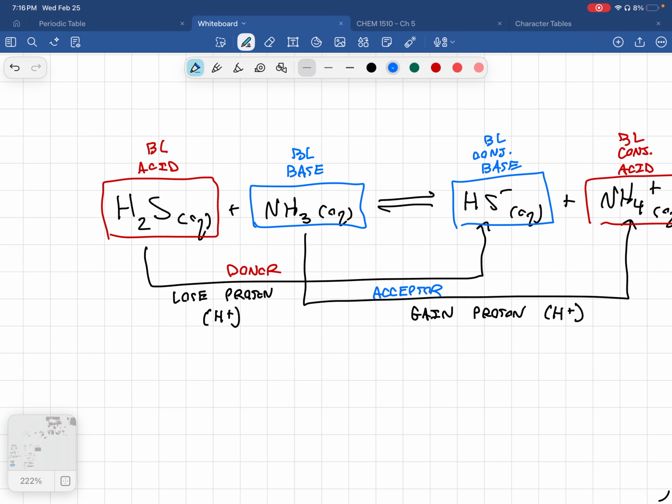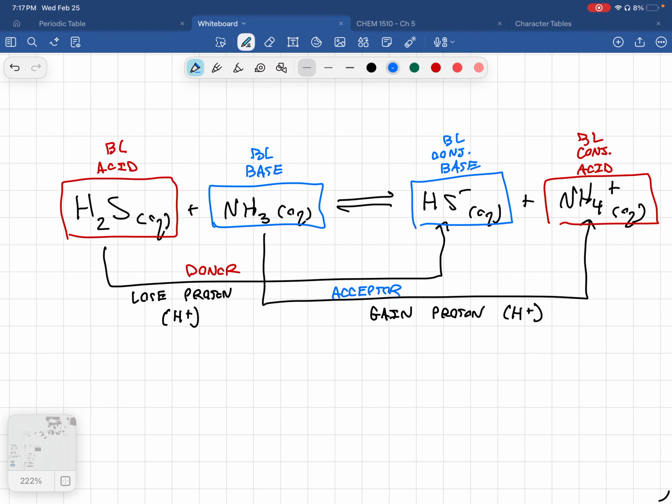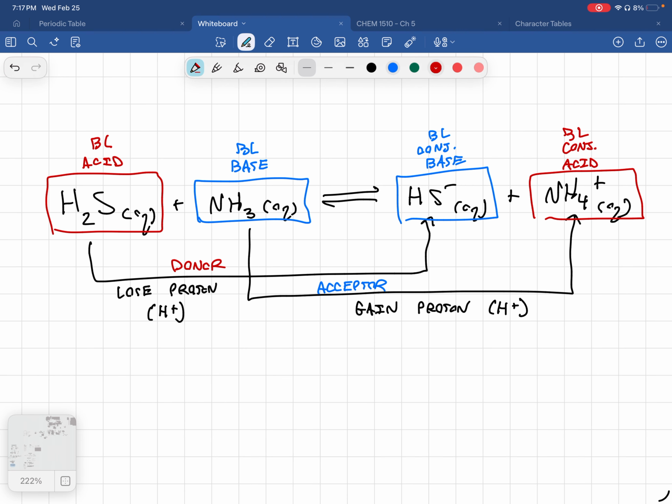So H2S and HS- are a conjugate acid-base pair where H2S is the acid form and HS- is the base form. NH3 and NH4+ are a conjugate acid-base pair where NH3 is the base form and NH4+ is its acid form.